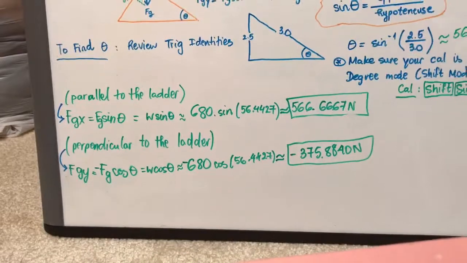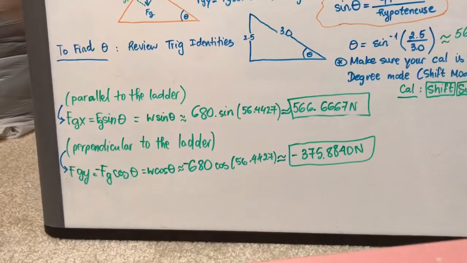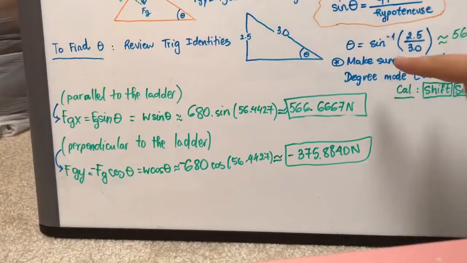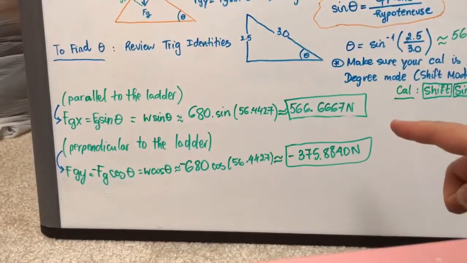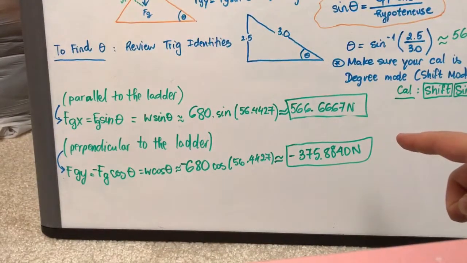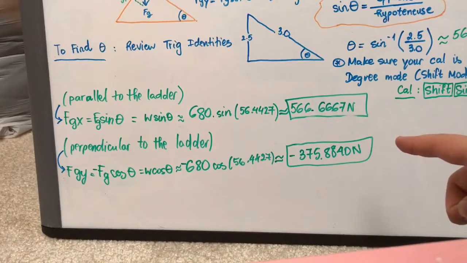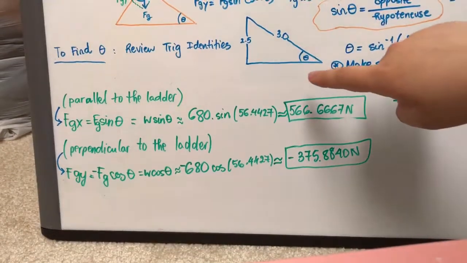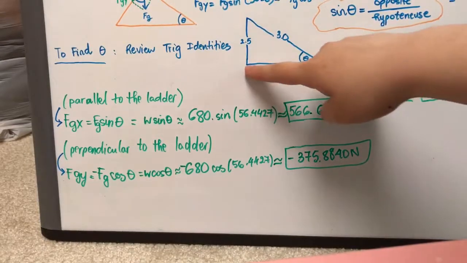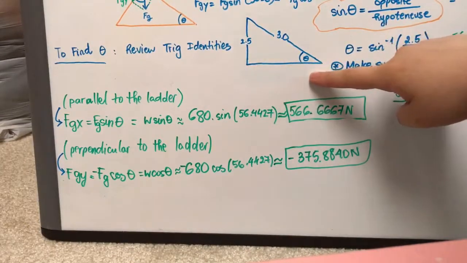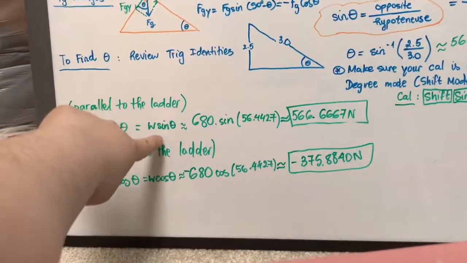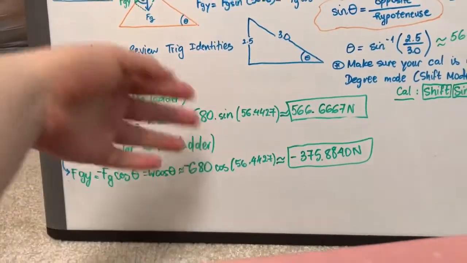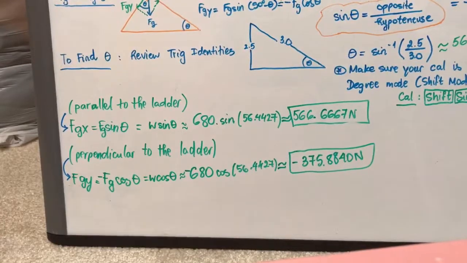I think there is another way to solve this problem. Instead of finding the value of theta, you can use the Pythagorean formula to solve for the adjacent side, and then find the sine and the cosine, and I think you also get the same answer.